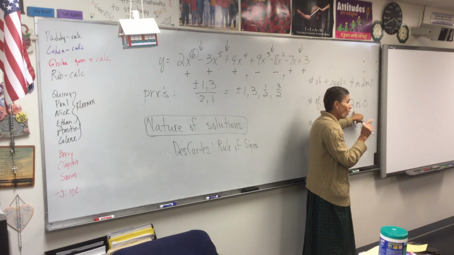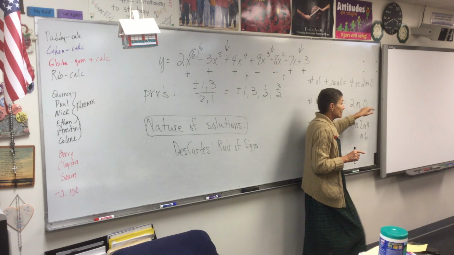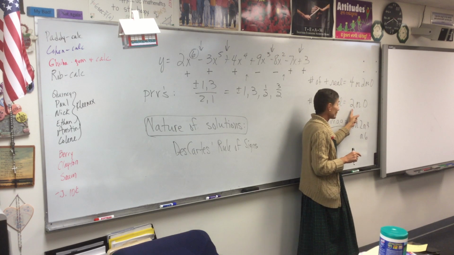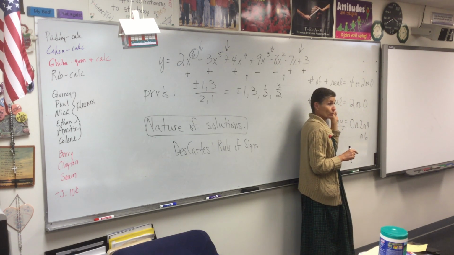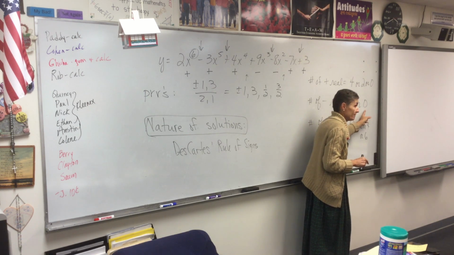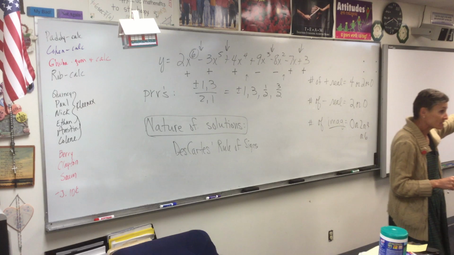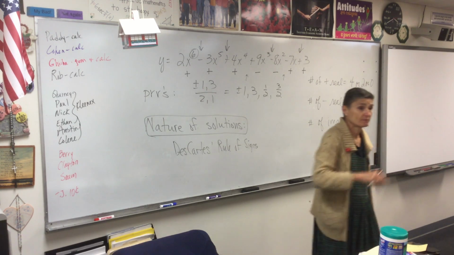If negative 1 actually worked, what would I be guaranteed? There's another negative number that will work. Because this says the number of negative real roots, there are either 2 or none. So if you have found one, then you know there has to be another one, right? So that's a tool. You don't necessarily have to do it in every problem.